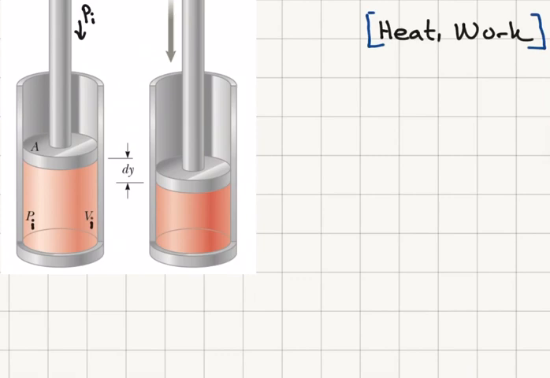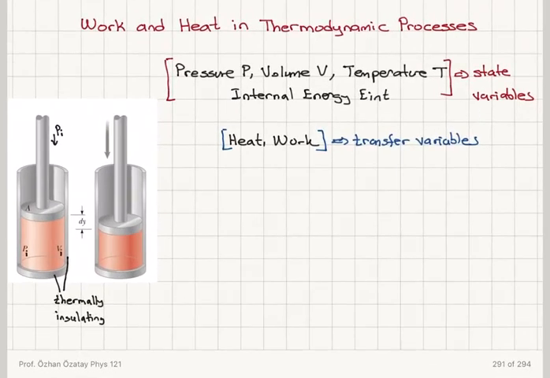The walls of this cylinder are thermally insulating, so there is no heat exchange with the environment. So all I can do is push this piston by a certain amount.